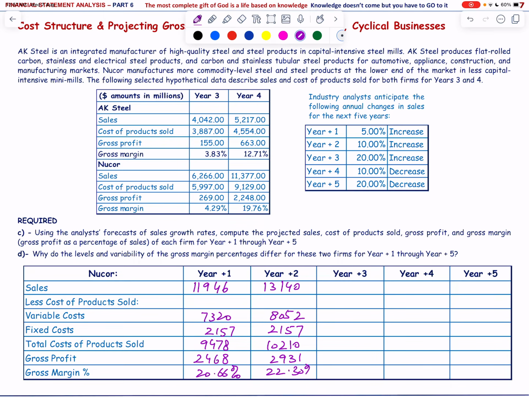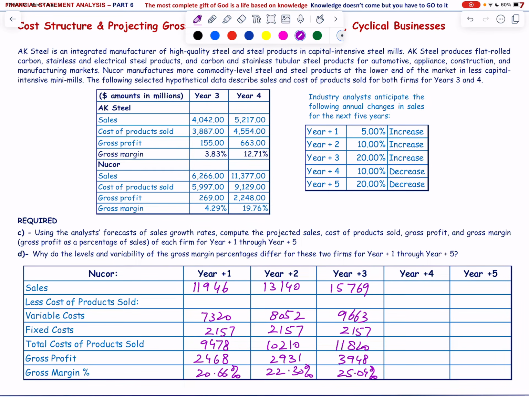For year number 3, it will be 15,769, 9663, 2157, 11,820, 3948, and this will be 25.04%.